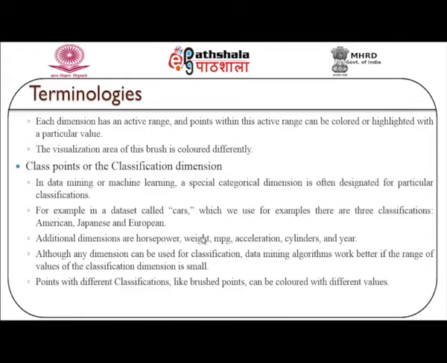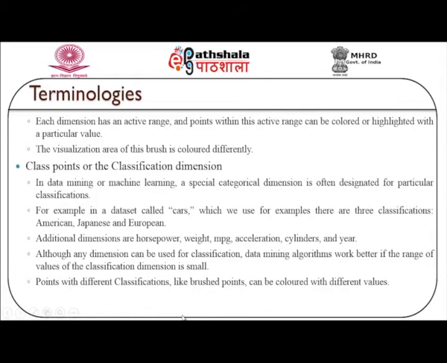Class points are the classification dimension. In data mining or machine learning, a special categorical dimension is often designated for particular classification. For example, in a dataset called cars, which we use for the example, there are three classifications: American, Japanese and European.